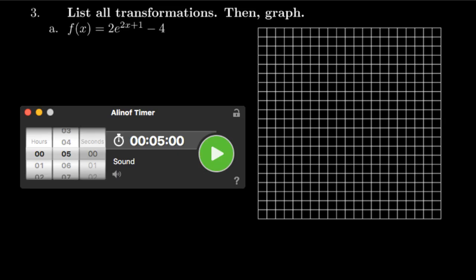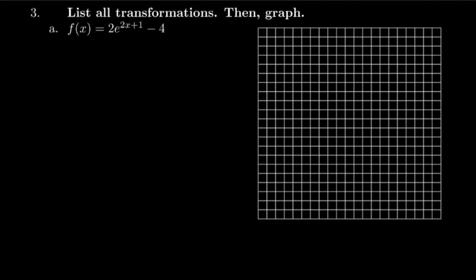Alright, so now time is up, and let's graph this thing. Okay, so looking at this, we see that we have a few transformations. So there's this first two. This is a vertical scaling by 2.